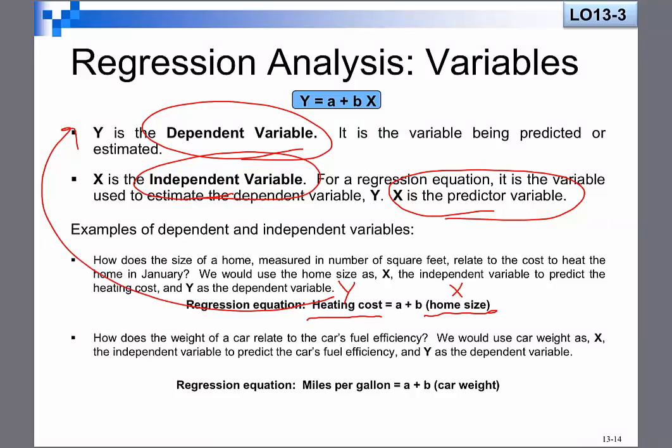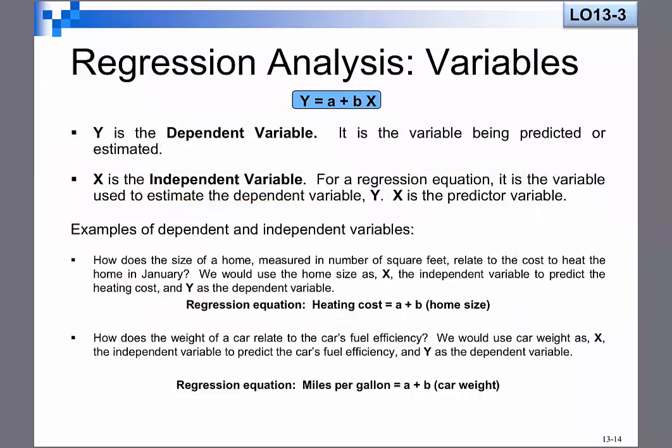That's why we call Y the dependent variable, because Y depends on how X moves. And X is your predictor variable because X is going to predict how much Y moves or changes. Understanding that is a critical piece of understanding regression analysis. Car weight and miles per gallon, same logic applies. Whatever you're putting as your X, keep in mind you are telling yourself that this variable will determine or predict what happens with this variable.